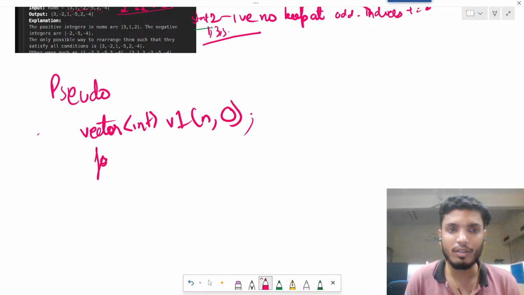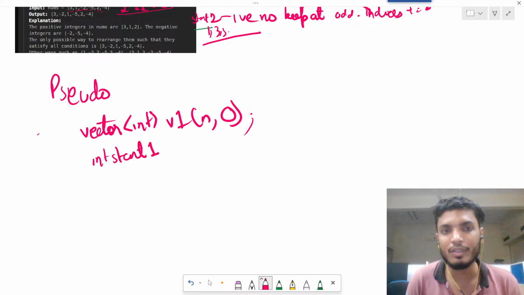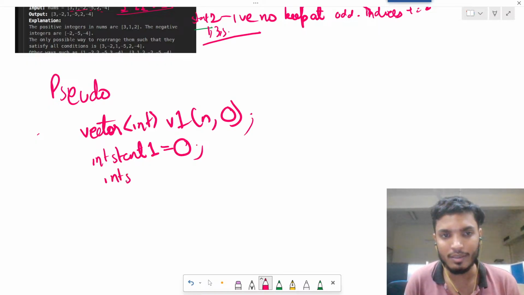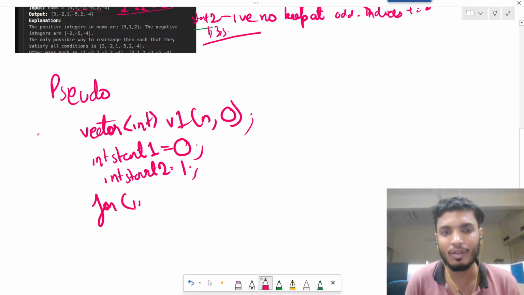Now you also have to declare two things. First is int start1, which will point to the positive numbers; let it keep index 0. And then int start2, which will be at 1. And now let's iterate in the array: for int i = 0; i < n; i++.